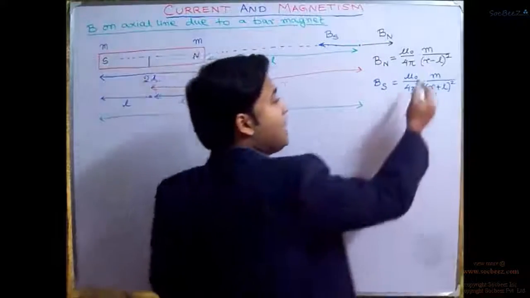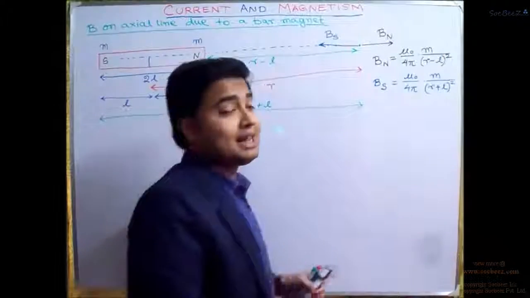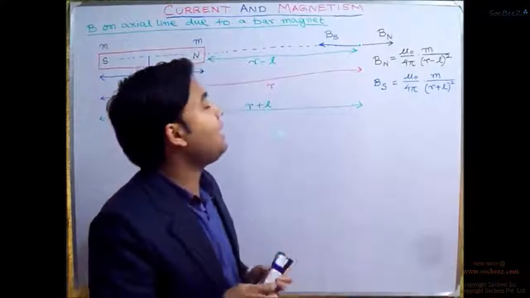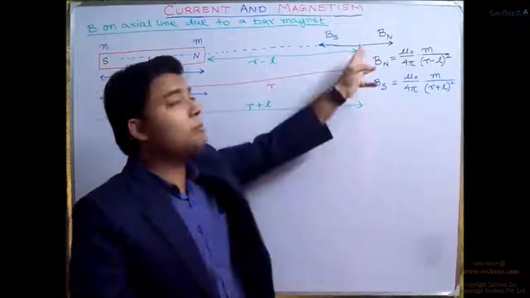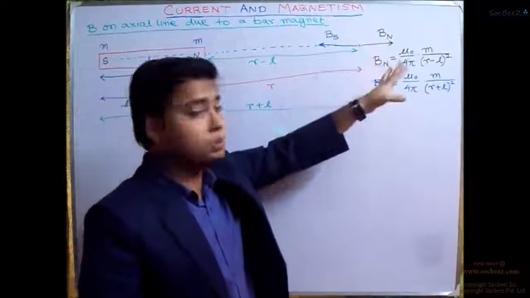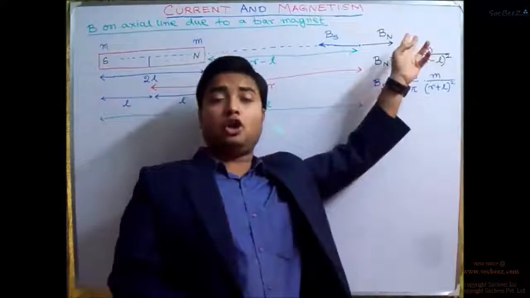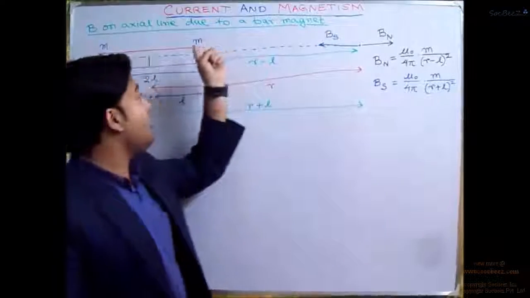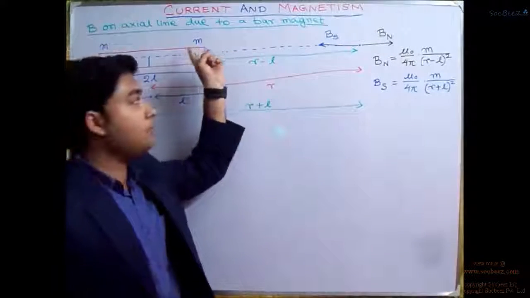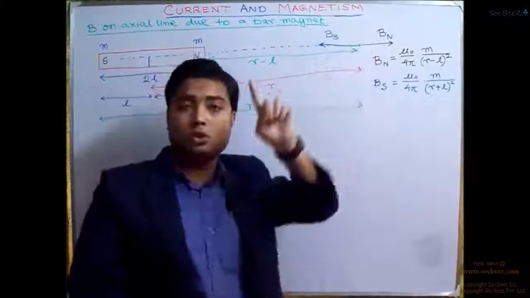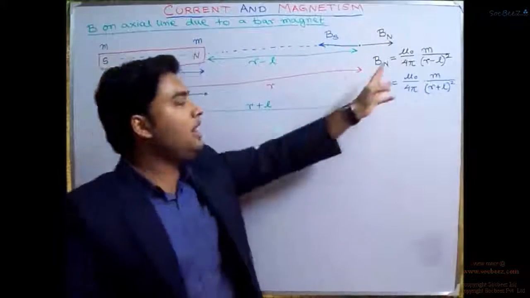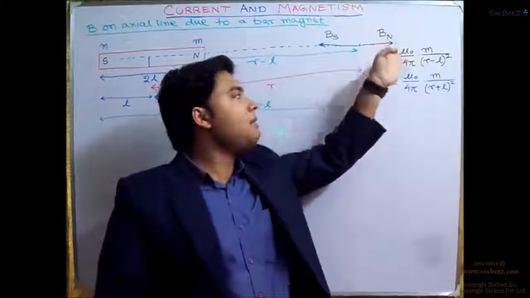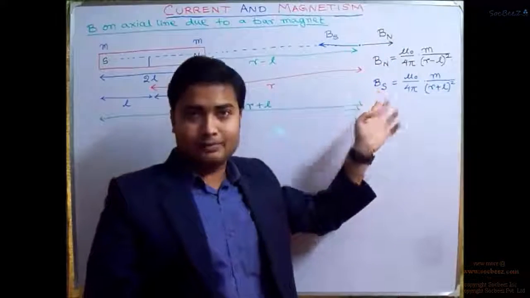That is the reason why we have kept over here m and m, because we know that at any point the B, or the magnetic flux density, will be equal to the multiplication of the pole strength at the 2 points. So the pole strength at the North Pole is equal to small m and the pole strength at this point is equal to unity, 1. So it is m multiplied by 1, which equals m. The same applies for the Bs.